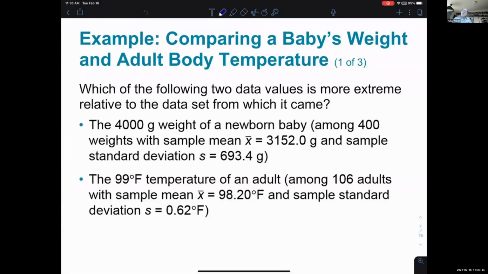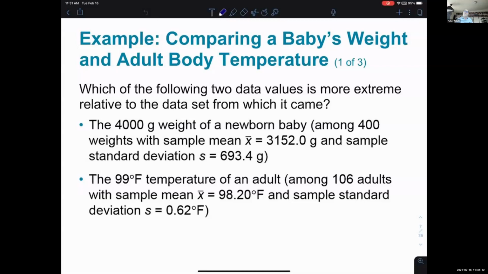So this will be something where we would calculate the z-score in each case, and then by comparing which has a bigger sized z-score, we can see which value is further away from the mean in terms of how many standard deviations, and therefore considered more extreme. But if you notice, if you don't have this scoring method, this z-score in place, it's really hard to answer the question.